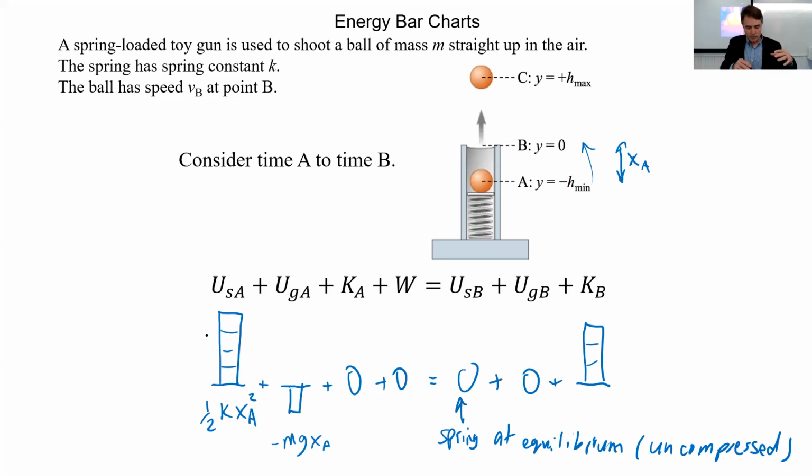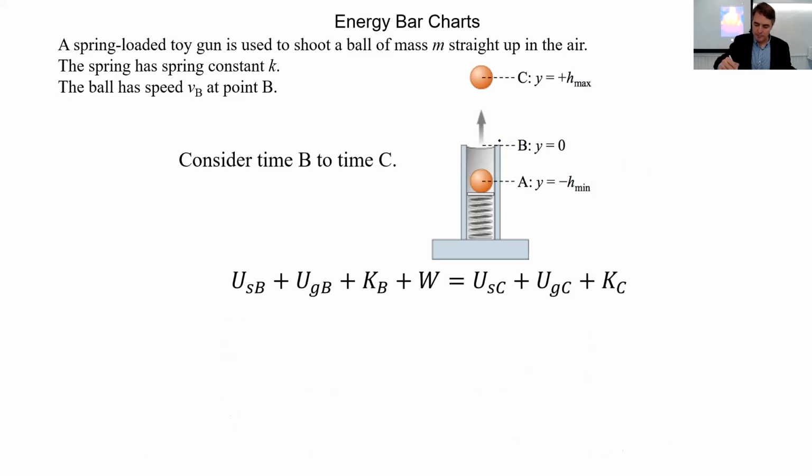And so that's going to reduce some of the energy that was in the spring before it gets converted into kinetic. You could also go from time B, just when it's being launched, to time C, if you want to. You can compare those and use the same energy equation.